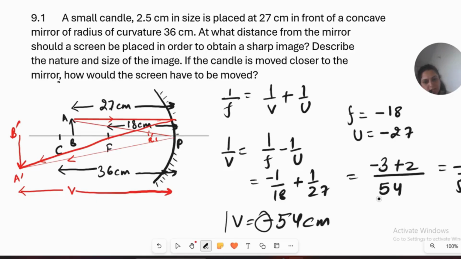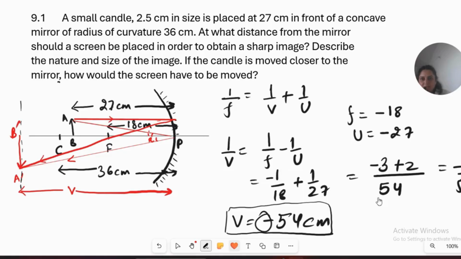The negative sign indicates that the image will be formed where the object is, against the incident rays. The image will be formed in front of the concave mirror only. So we need to keep our screen here at A'B', which is 54 centimeter in front of the concave mirror. So this is our first answer.